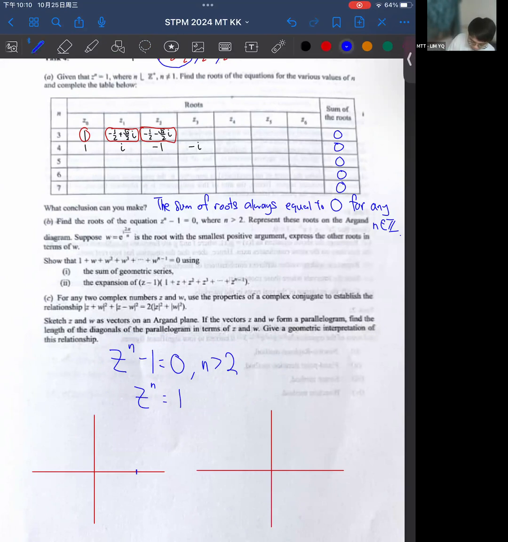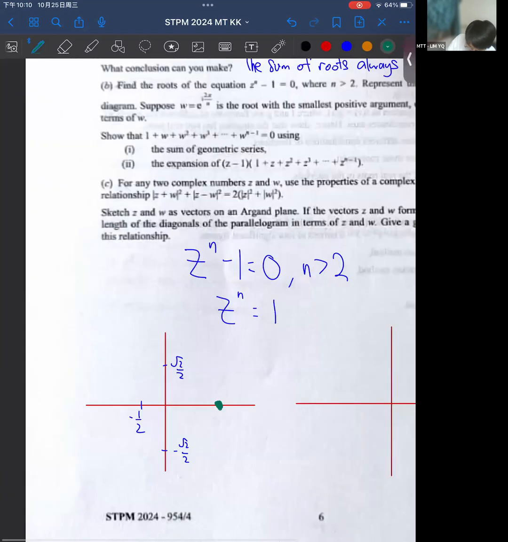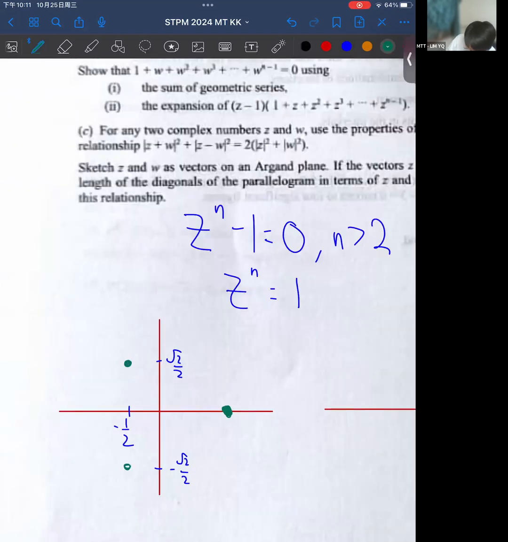Here is 1, and here is negative 1 over 2, positive square root 2 over 2, minus square root 2 over 2. Here you have 1 root, here you have 1 root, and here you have 1 root. Finally, you will see that it is in a circle.